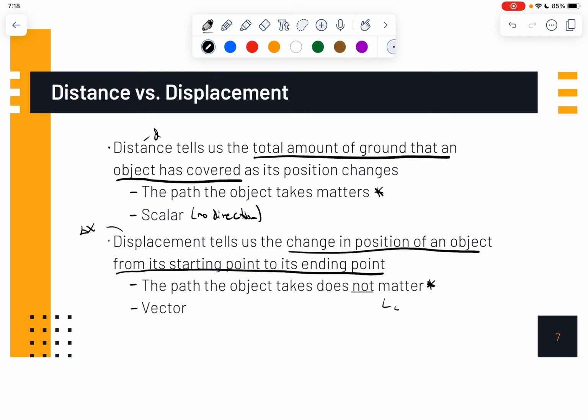The only thing that matters is the starting point and the ending point. And because displacement is a vector quantity, the direction is important.